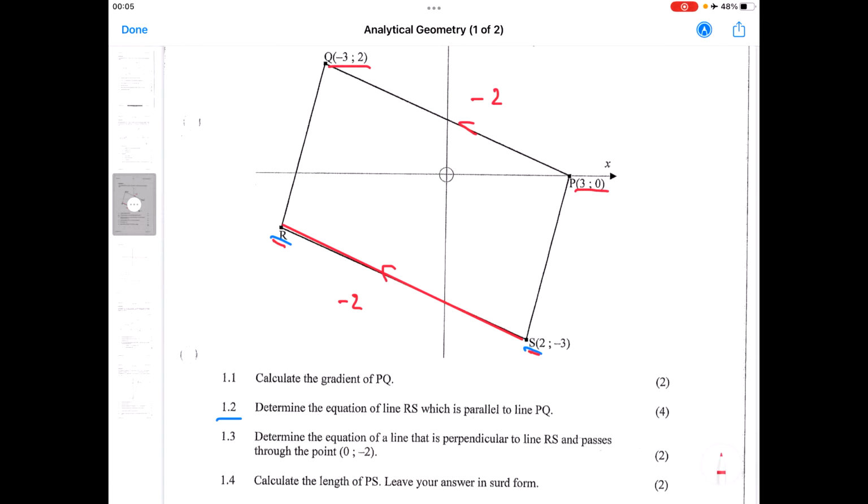So already you have y equals -2 being the gradient, x plus c. All that you need is just 1 point on RS, which is point S. Then you can just say at point S, having the coordinates (2, -3).